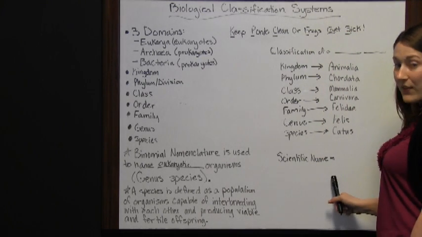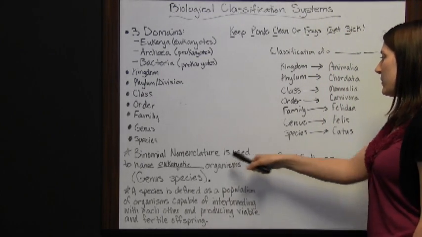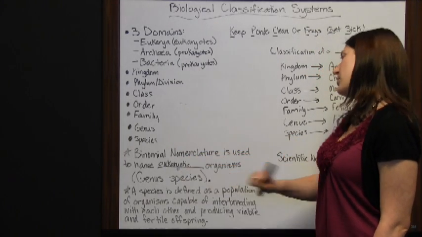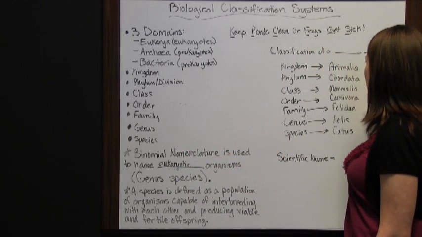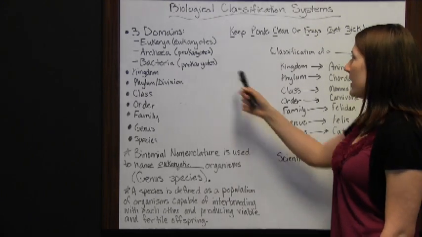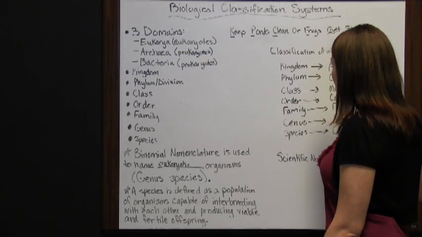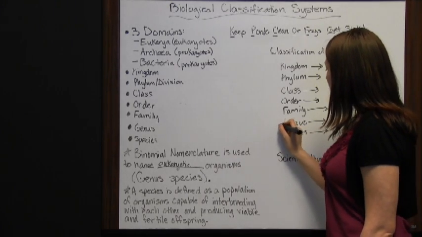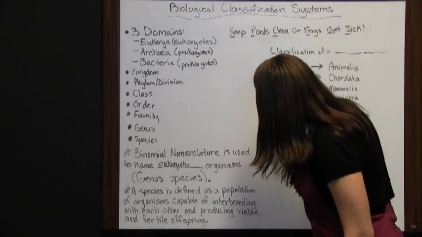So your scientific name is going to be found using binomial nomenclature. You know this is a eukaryotic organism because it's in the kingdom Animalia, which is a eukaryote, so it would go into domain Eukarya. So binomial nomenclature means we use these last two.